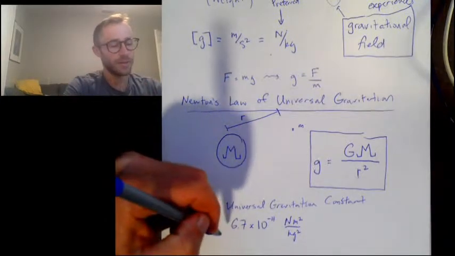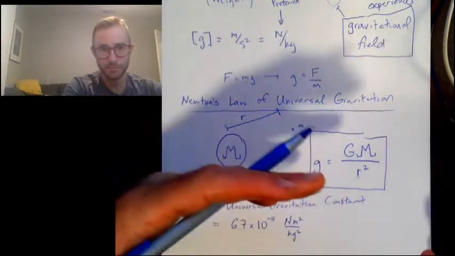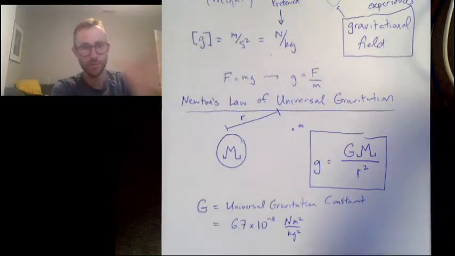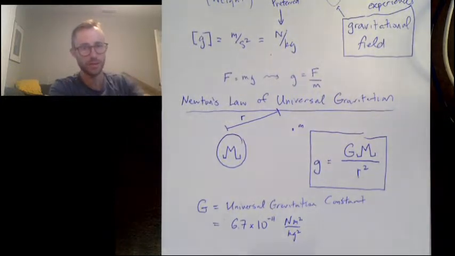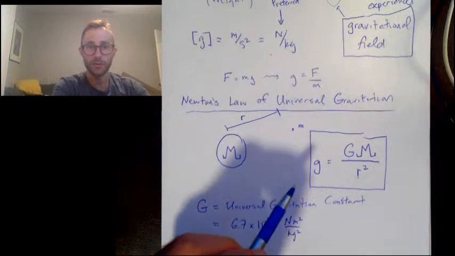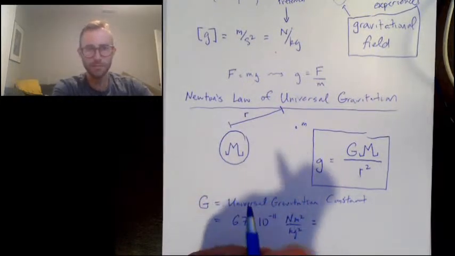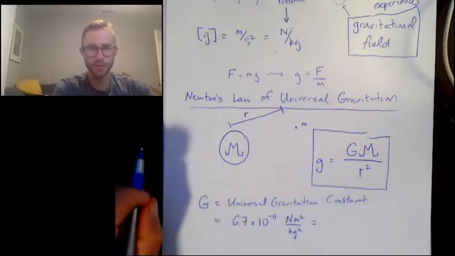Big G is the same for every planet. It's a constant, the same throughout the universe. Anything that's making a gravitational field uses the same universal gravitation constant. So what does big G do?